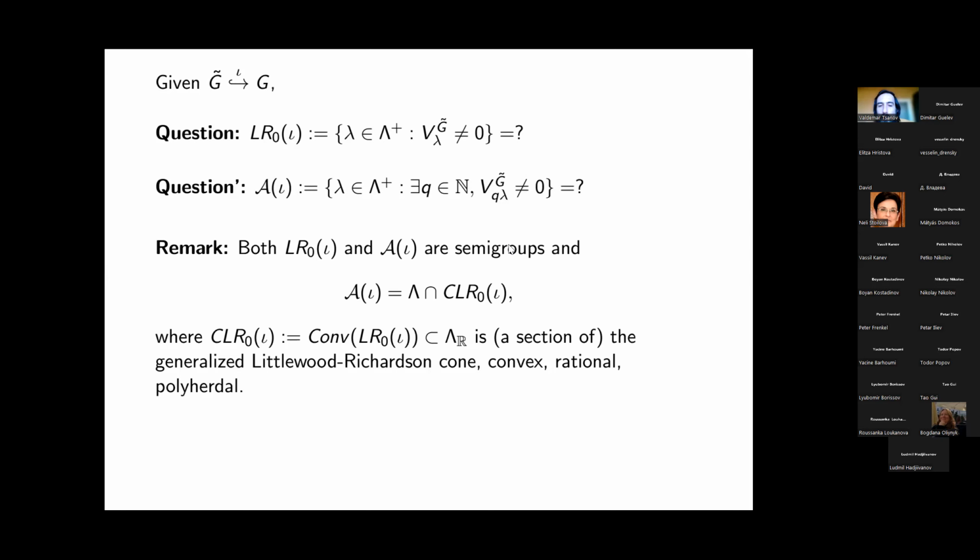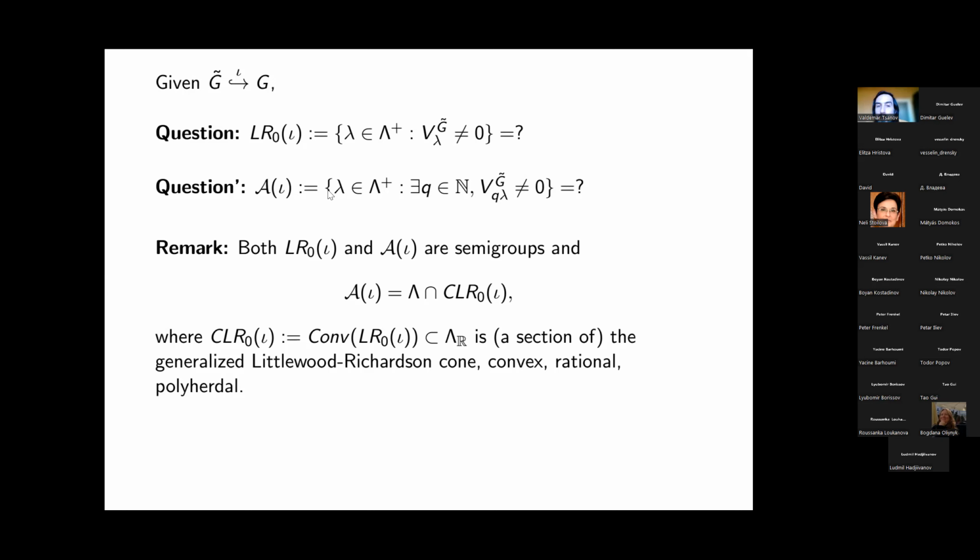And furthermore, this CLR0 is the generalized Littlewood-Richardson cone, the convex hull of the ones having invariants. So I take the convex hull in the real span of the lattice. Then if I have this cone and intersect it back with the lattice, I get some integral points, so I'm getting all the integral points.